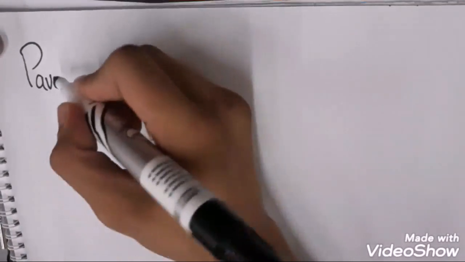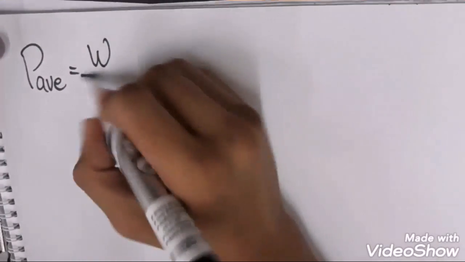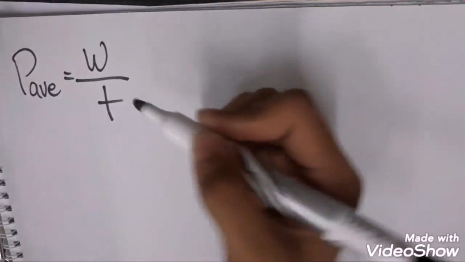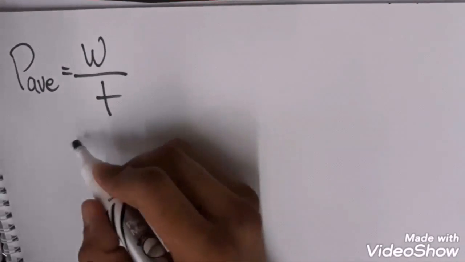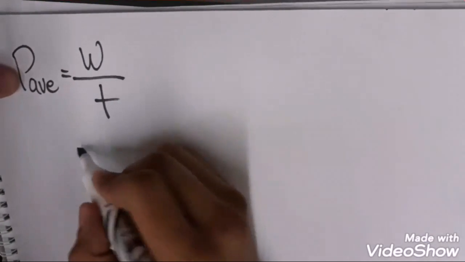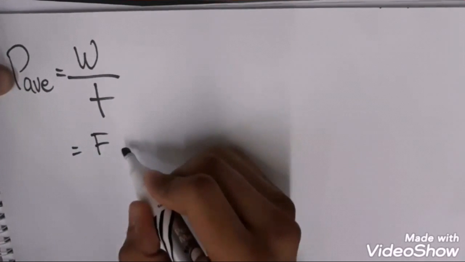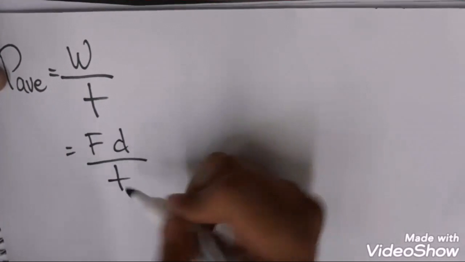Now, moving on to letter B, which is what is the average power exerted on the block, means we will find for the average power, which is work over time. Now, in order to find work, it can be equal to force times distance. Force times distance over time.